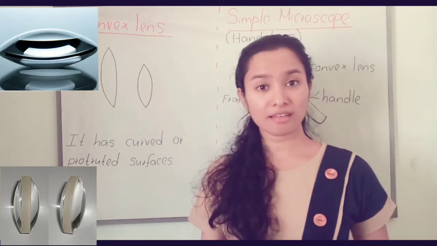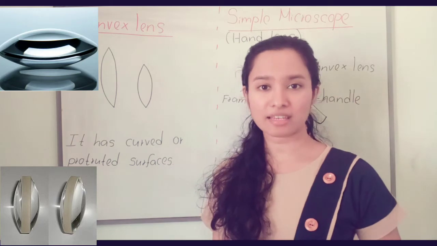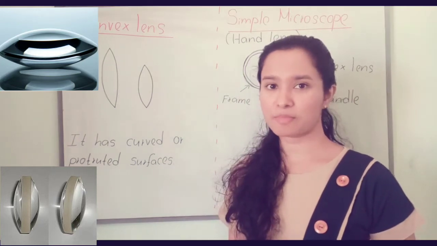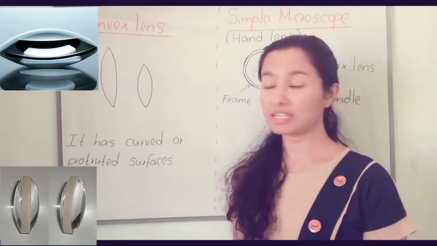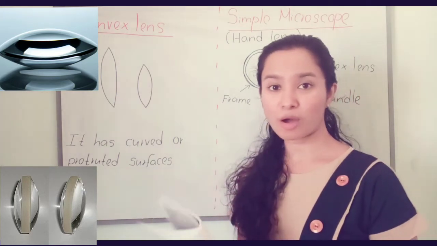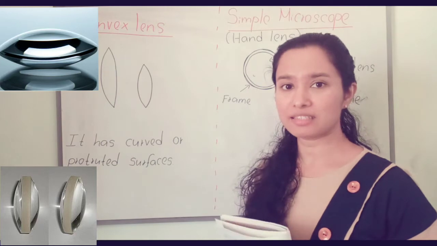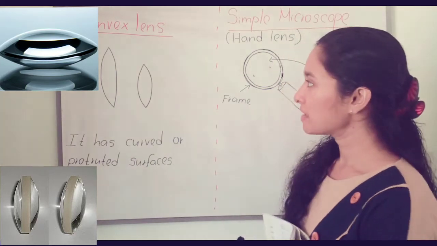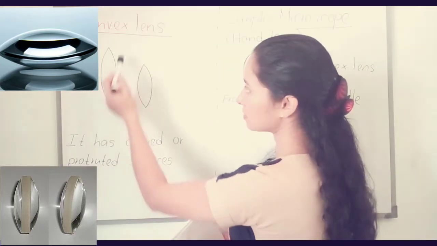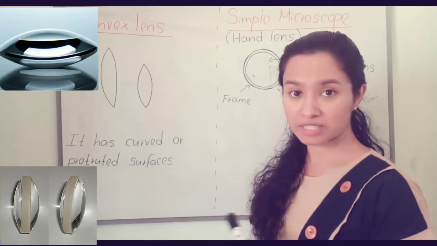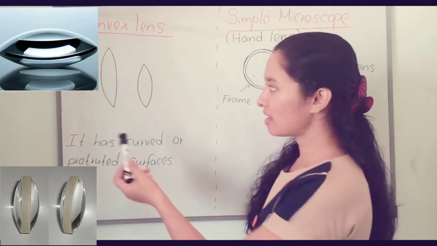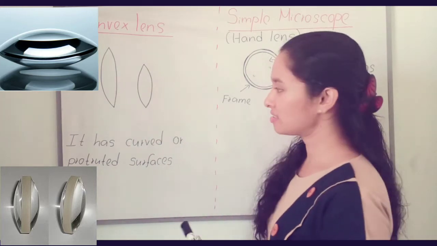In the previous lesson, in the light lesson, we discussed convex mirrors, uttala darpana. Here we are discussing convex lens, uttala kacha. Here you can see the shape. There are different sizes of lens, large ones and small ones.